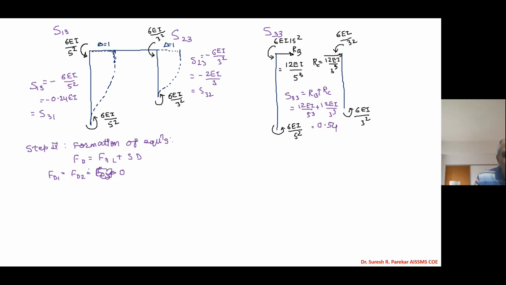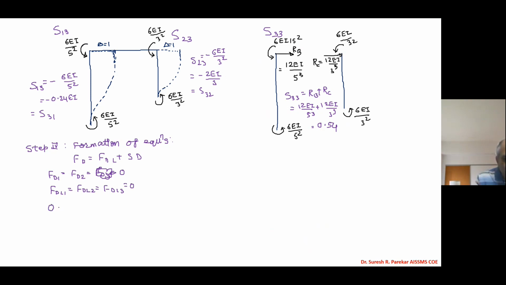Now we will go for FDL. We do not have any fixed end moments, so we have FDL1 equal to FDL2 equal to FDL3 equal to 0. And now we will write the equations.